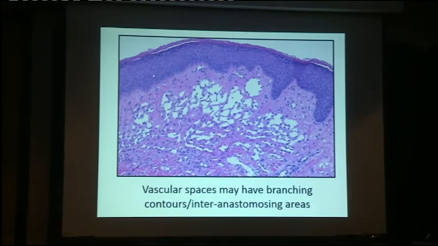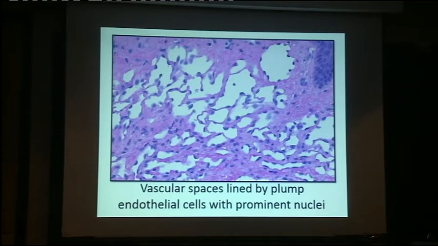I personally have great difficulty separating branching versus inter-anastomosing. So even though we say that the benign lesion should not have anastomosing vascular spaces, this branching feature of atypical vascular lesion is, in my opinion, very difficult to separate.